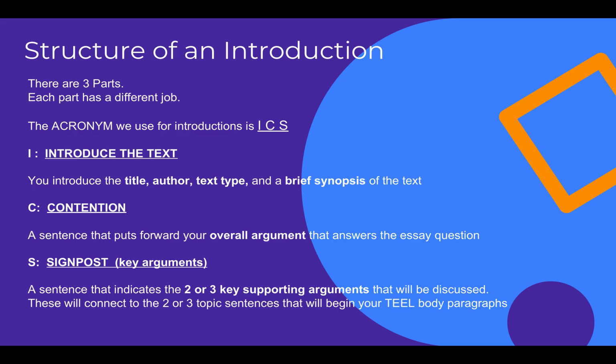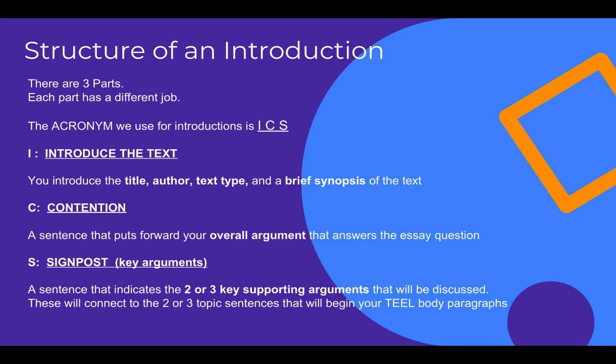So once you've done the introduction and you've told us your contention, your big argument, then you need to signpost, which is basically tell us what you're going to be talking about. You're going to indicate it with like a signpost. What are your supporting key arguments? So the signposting is 1 sentence that will indicate the 2 or 3 supporting arguments that you will be discussing.